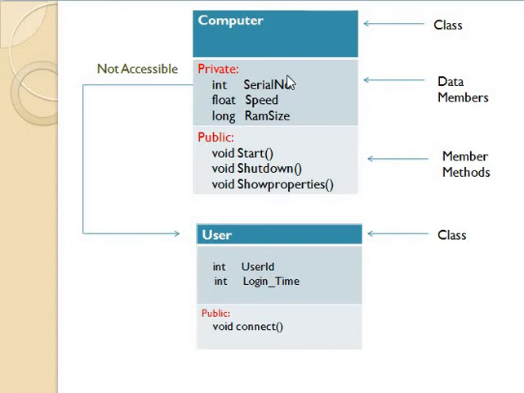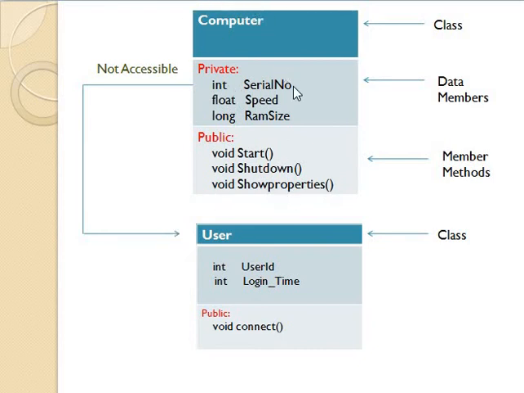In this figure, since the data members serial no, speed and RAM size were declared private and they belong to the class computer, they shall be accessible only within its own class computer. They shall not be accessible to any class outside of this class computer.